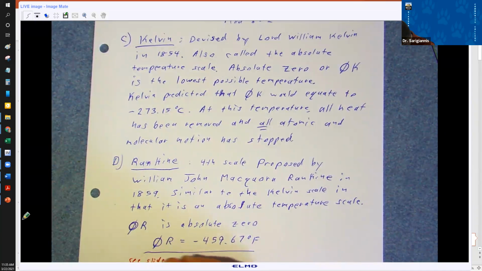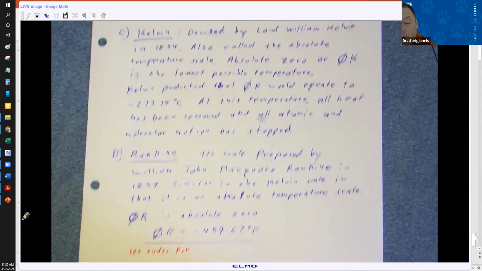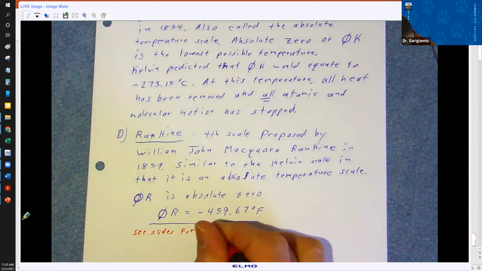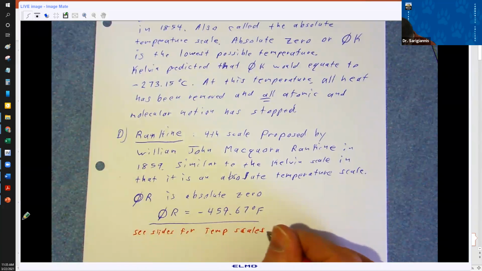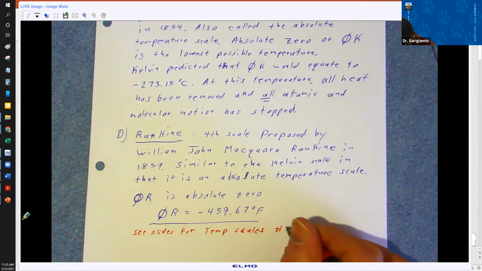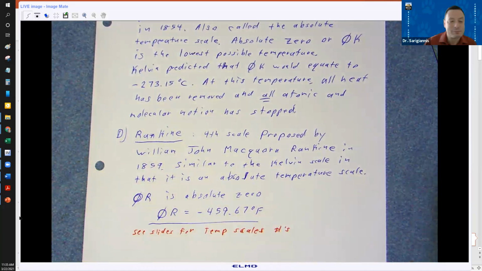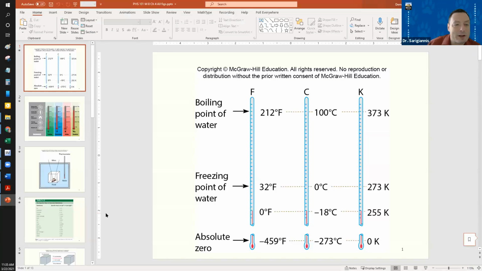See slides for temperature scales. I can't remember what slides they are, so I'll put them in after we cover them. It's like 1 and 2, I think. Oh yeah, just 1 and 2.